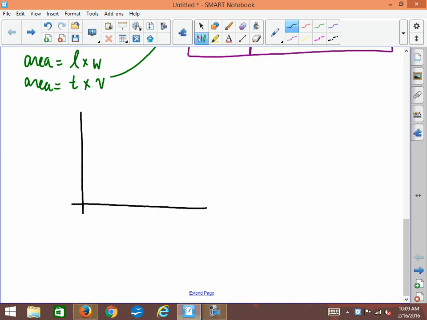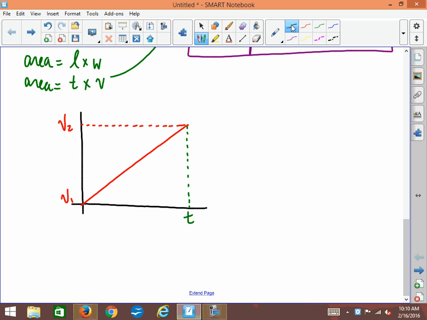This time I will draw an object that starts at the speed of 0 and speeds up like this. So that over here is the second speed at which it's moving, and down here is the first speed at which it's moving. And of course there would be a certain amount of time that it would take to speed up from one speed to the other.